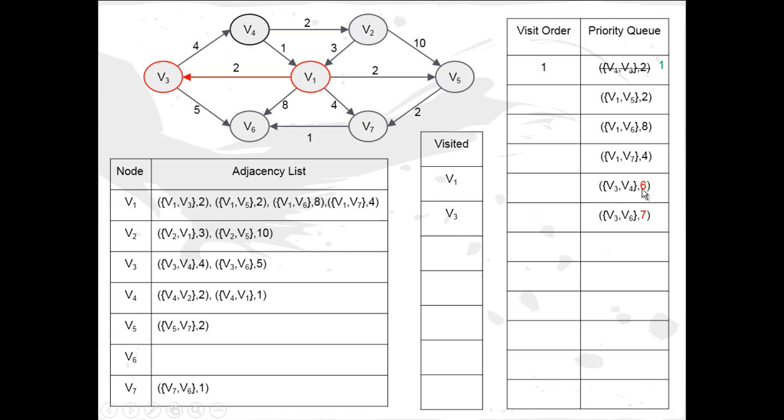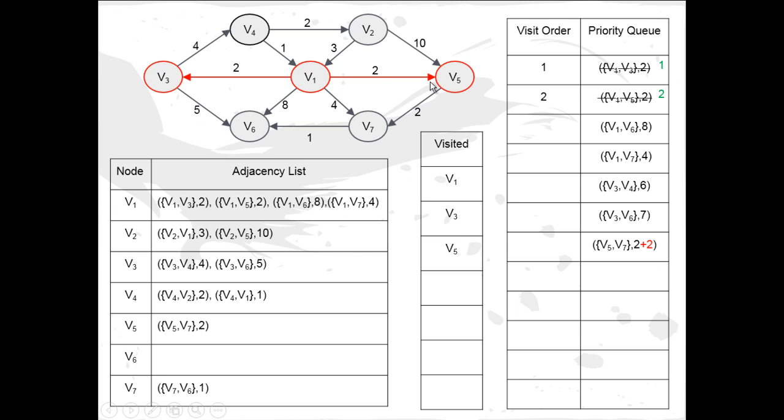Okay. Now we go to the next step, which is again taking the smallest one out. So V1 V5. V1 is already visited, but V5 has not been visited. So that is a valid option for us. So we take that edge, and we're going to visit V5. So V5 is going to be in the visited list, and then we're adding the adjacency list.